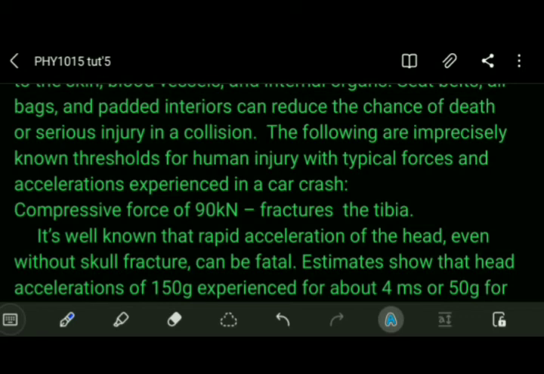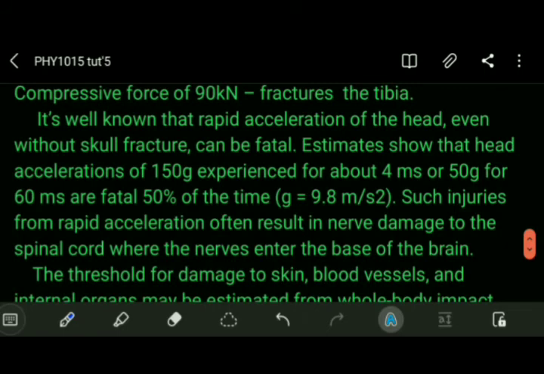Also we are being told that an acceleration of about 150 g, which is simply 150 times g, where g is 9.8 meters per square second, can cause death. Remember that thing we looked at, acceleration of this much causing brain injury or concussion.